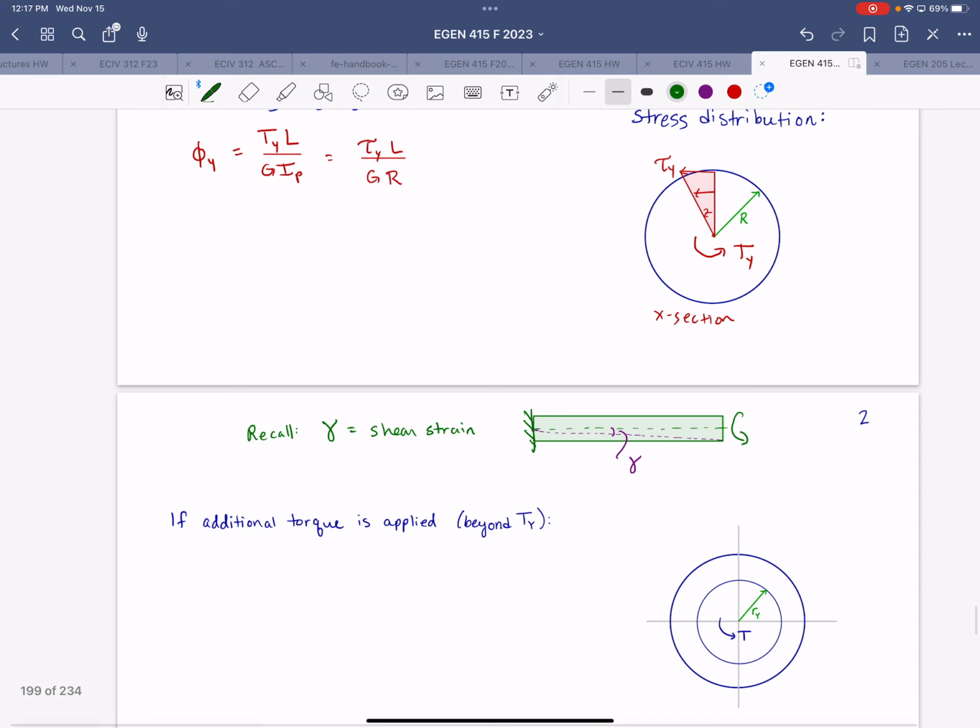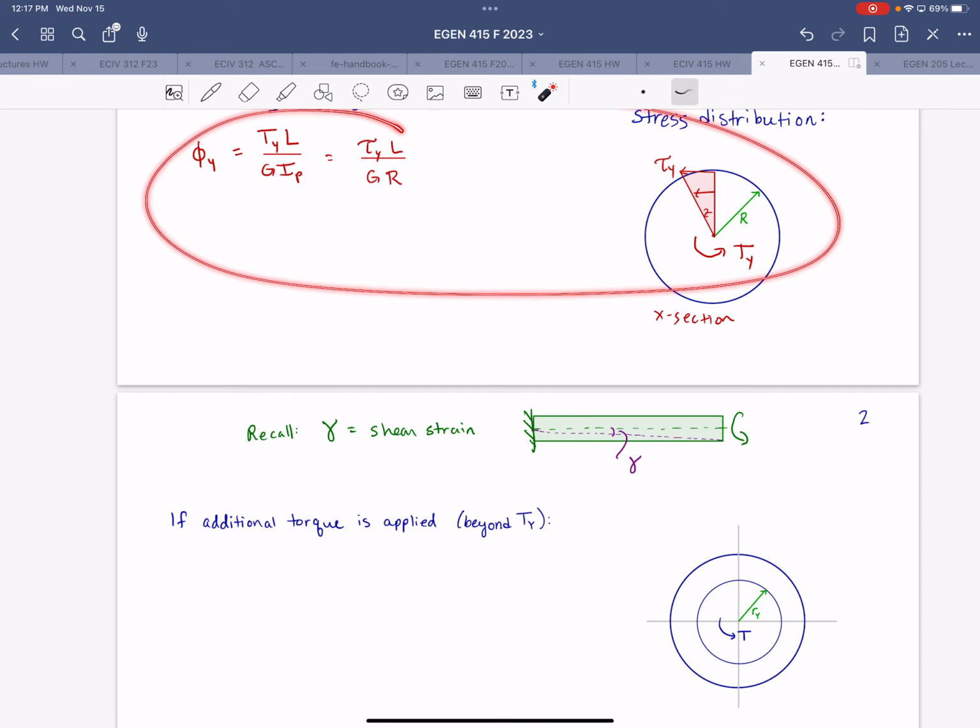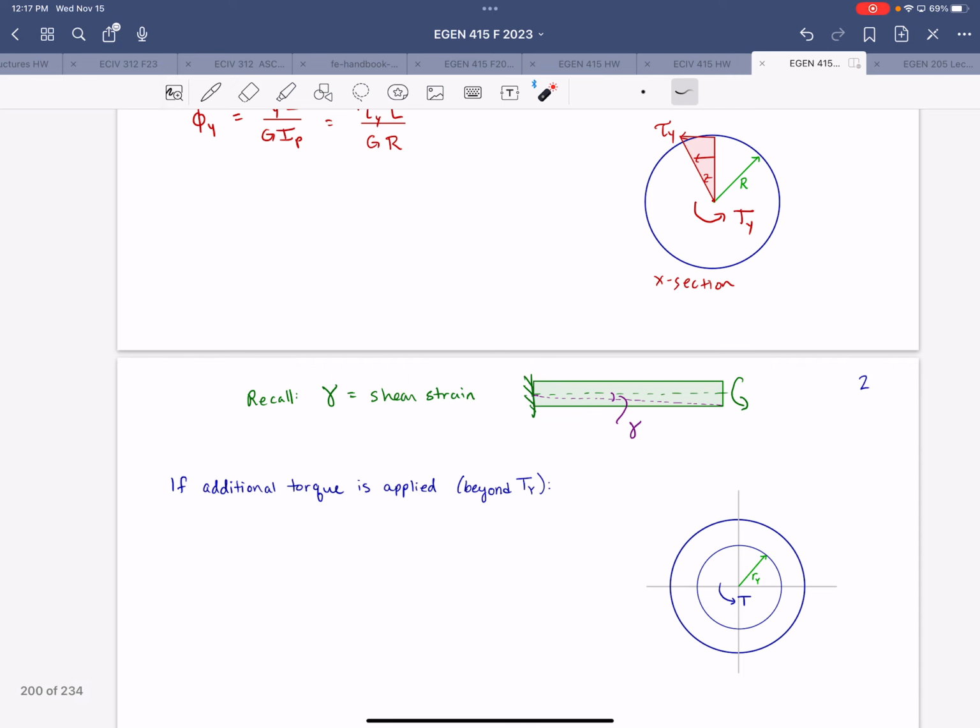So on the previous page, we just defined the angle of twist associated with the onset of yield and drew the stress distribution that's associated with that state. If we continue to increase the torque beyond that point, then the yielding of the material will advance beyond the outer fibers.